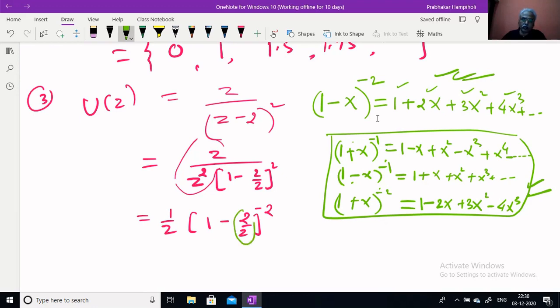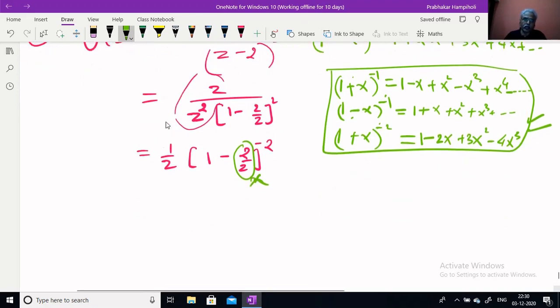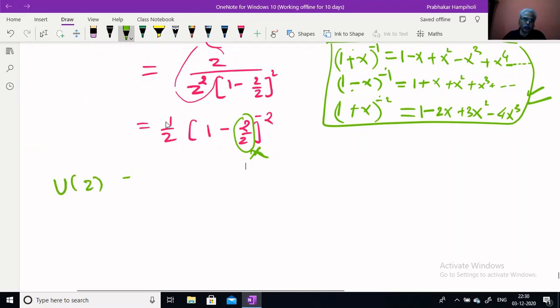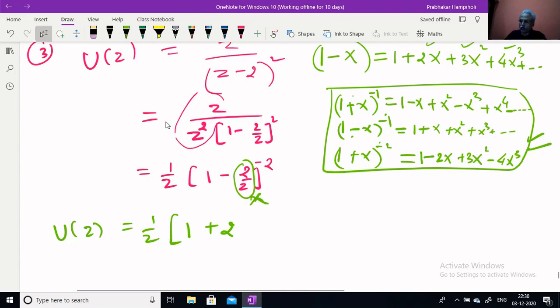So our x is now 2 by z. This is our x. Now if I substitute here, we are going to end up with u of z equal to 1 by z into bracket 1 plus 2 times x, 1 plus x, 2 by z plus 3 by z square plus 4 by z cube and so on.